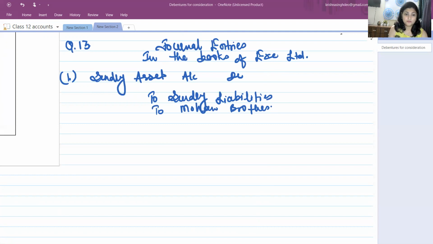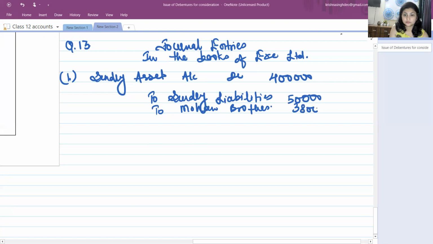The value of assets is 4 lakh, liabilities are 50,000, and the purchase consideration given by the question to us is rupees, sorry, 3,80,000.